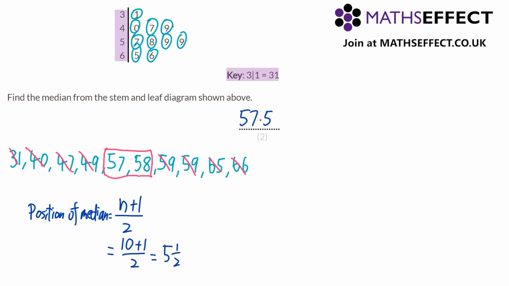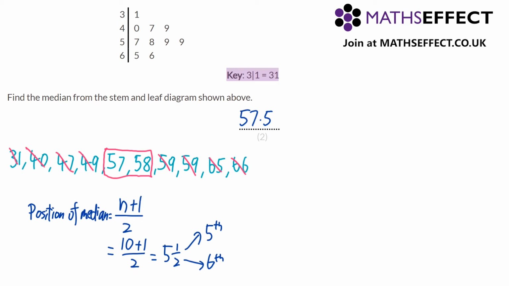Now whenever you have a half, when you're looking at the positions, it basically means we're looking at the 5th and the 6th number, and then we're going to find the halfway point between the two. So if we go back to our numbers, I'm just going to delete all of our markings here, and we're just going to count 5 numbers from the top left.